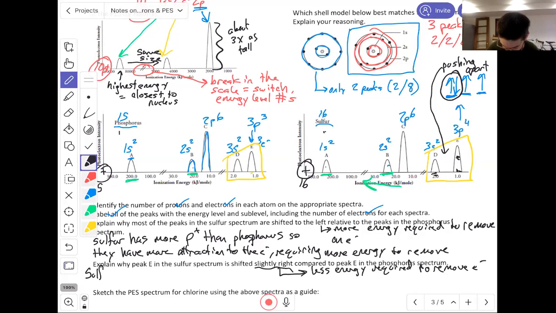So sulfur has paired electrons in 3p that are already repelling from each other.